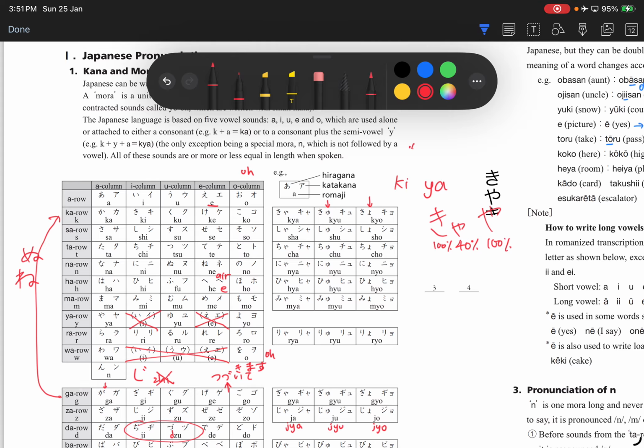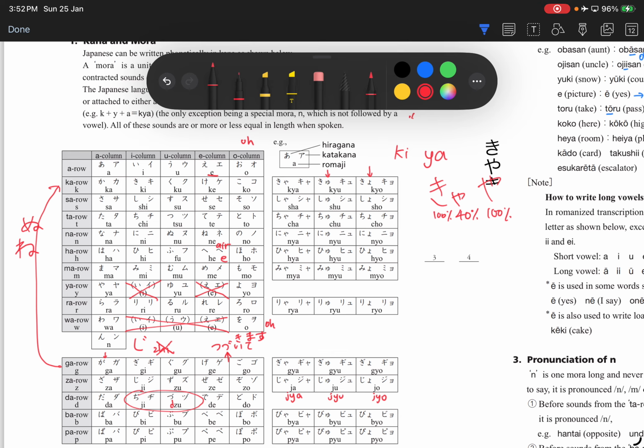Now let me tell you which days I won't be making it. It will be replaced by another sensei called Yutaro Sensei, Kitara Sensei, the second generation owner of this school. So he'll replace me on those dates. 2.8 I'm not available, 2.15 I'm not available, 3.15 I'm not available, 4.15 I'm not available.